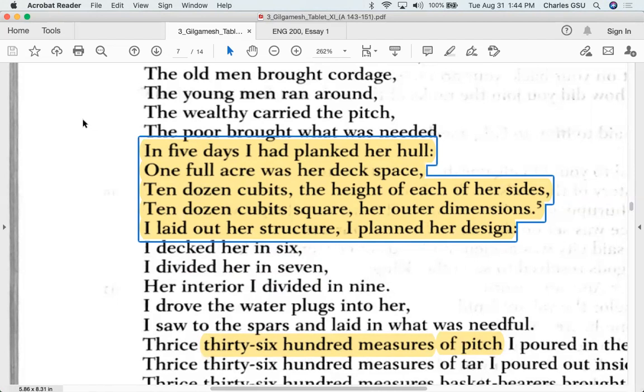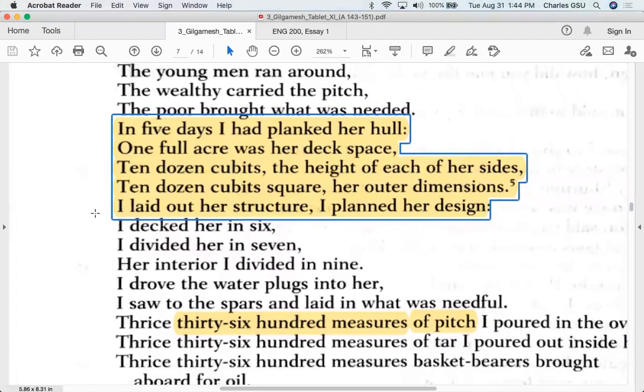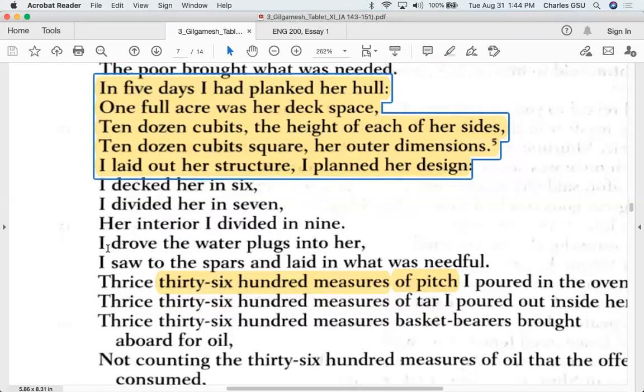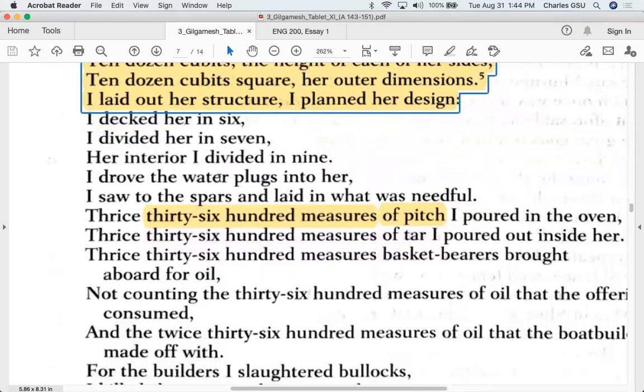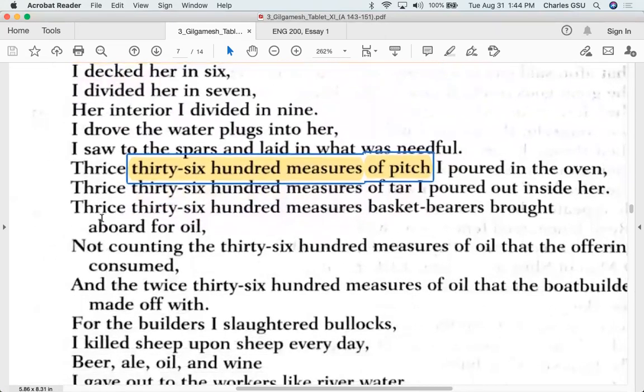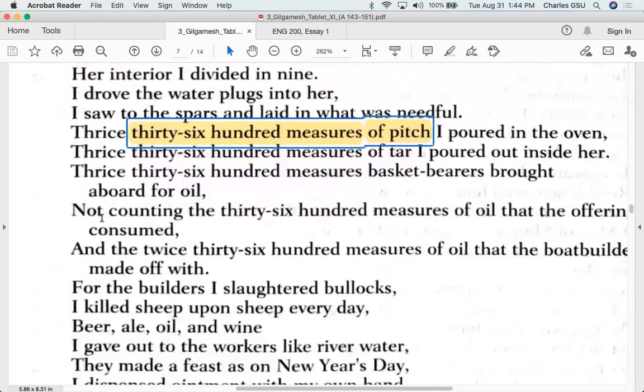I laid out her structure, I planned her design. So again, very deliberate, and also a reference to a measurement of units that we had in Genesis. 3,600 measures of pitch. We also have Noah using pitch to seal or caulk the boat to keep it afloat.